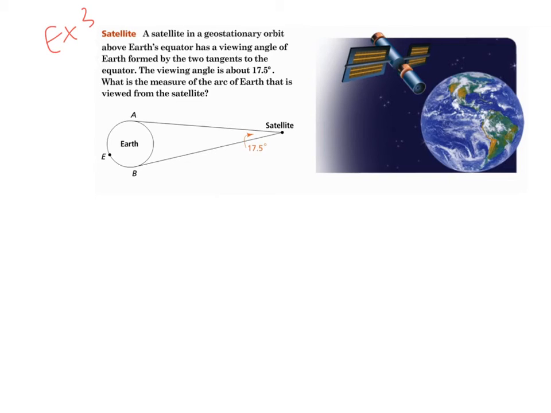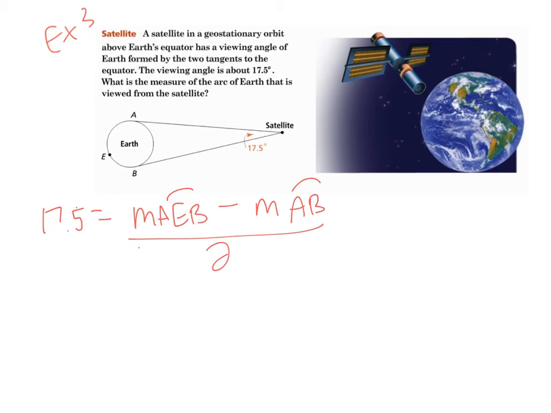Well, we know that in order to figure out arc lengths, in this case, we would take the measure of arc AEB and subtract the measure of arc AB from it, and that would give us the angle, which was 17.5. But also remember that you are dividing it by 2 or multiplying it by 1/2.